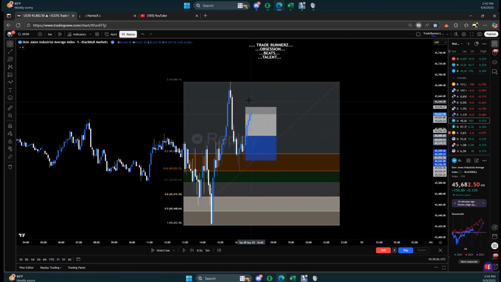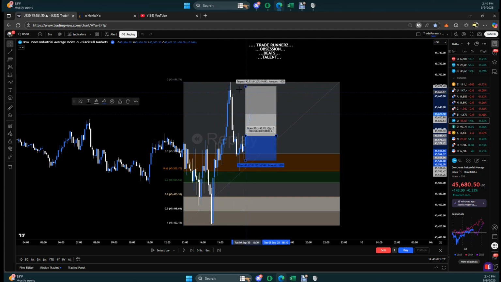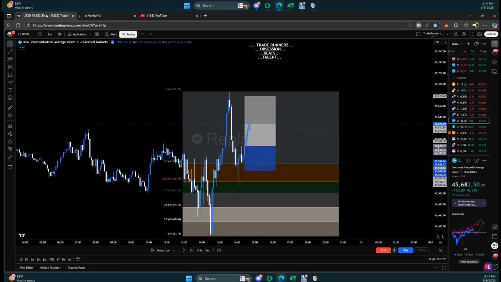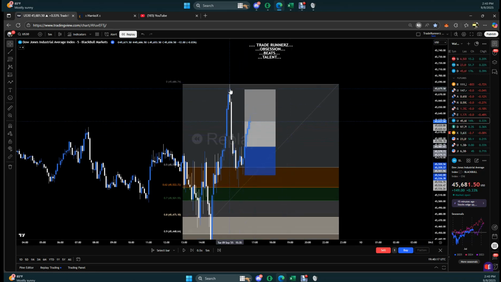So what you'll be doing is going for a 2 to 1. Your 2 to 1 will be about right here, and that's pretty good because if it comes back up to this high right here and rejects, and takes you out before it rejects, that'll be good. You don't really want to shoot for over the high because it can react to this high and start tumbling back down.